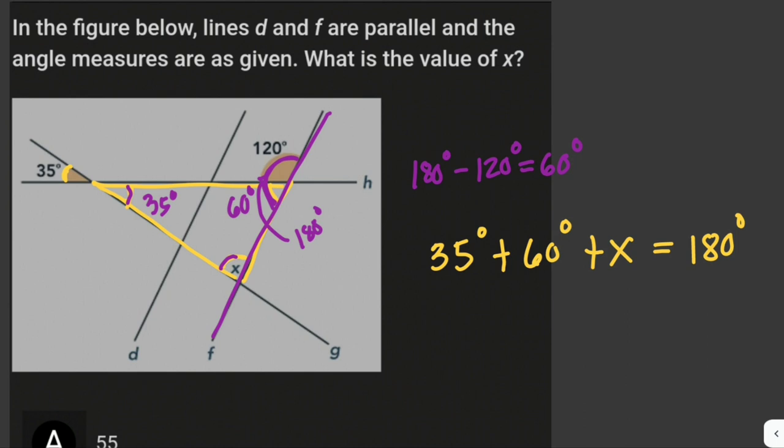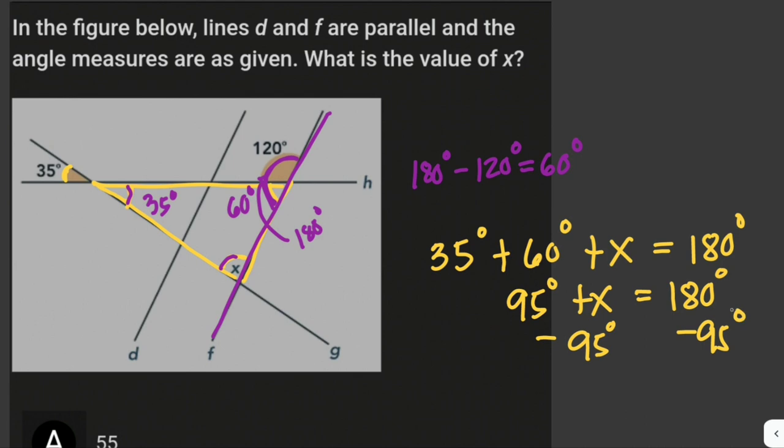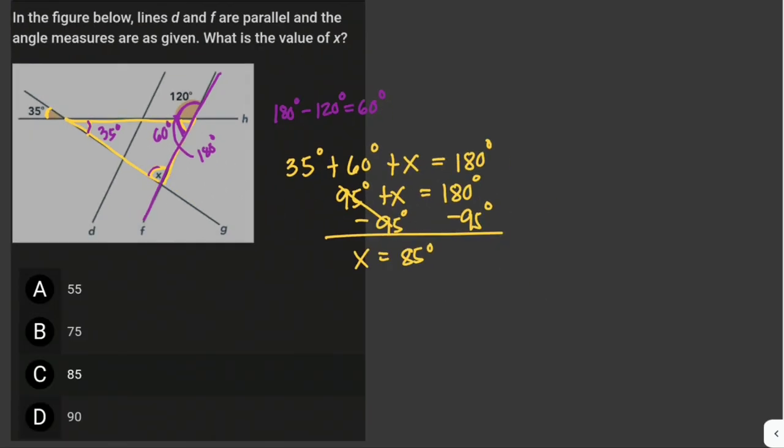And 35 plus 60 is just 95 degrees, plus x equals 180 degrees. Subtract 95 from both sides. So we have x equals 85 degrees. Therefore, the value of x is just equal to 85 degrees. So the answer is letter C.